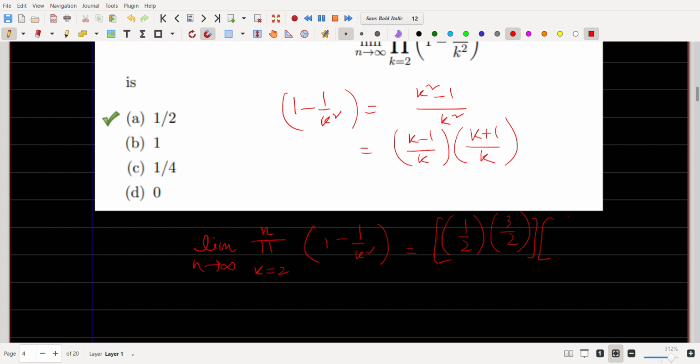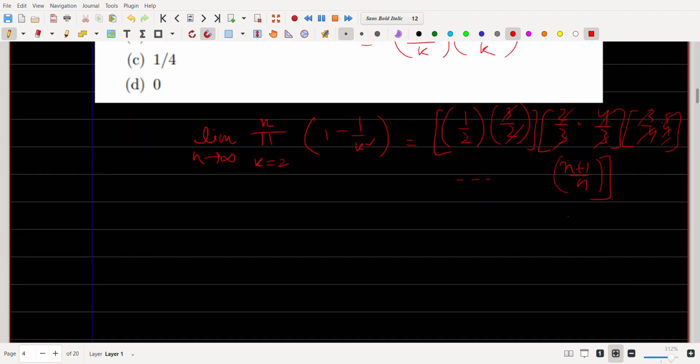Then if I put in the values, k equal to 2, then k equal to 3, you will have 2 by 3 times 4 by 3, then 3 by 4 times 5 by 4 and so on. And you can see that you can just cancel these. So then finally you have n plus 1 by n, right?